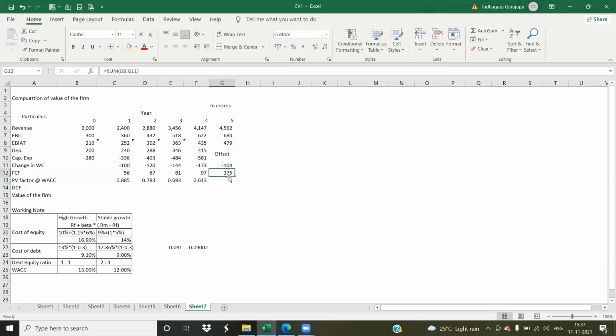Okay, so what happens for the 5th year? See, this cash flow will continue till perpetuity at a growth rate of 10%. So you have to use the perpetuity formula, right? If we have 1 rupee as annual cash payment for year 1, and the growth rate is 10%, then the present value would be 1 by your weighted average cost of capital minus growth rate, that is 10%.